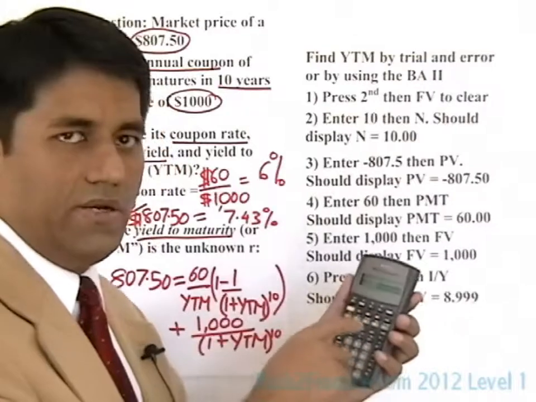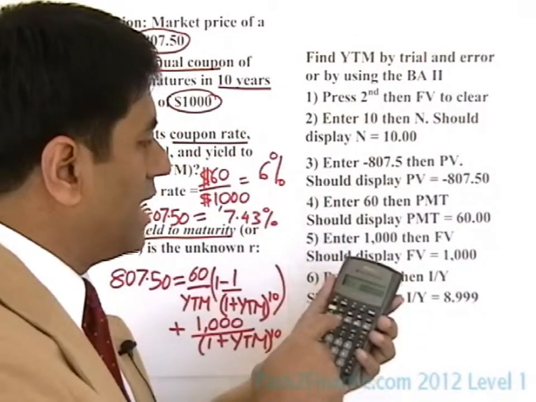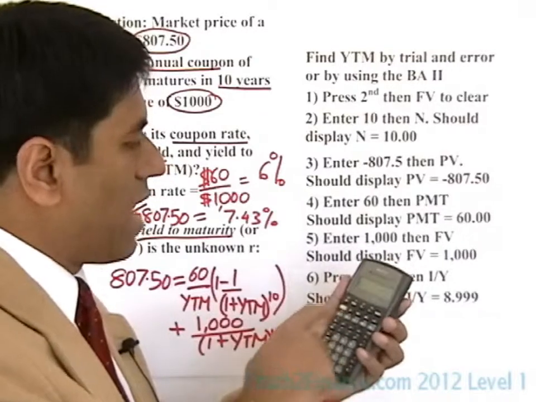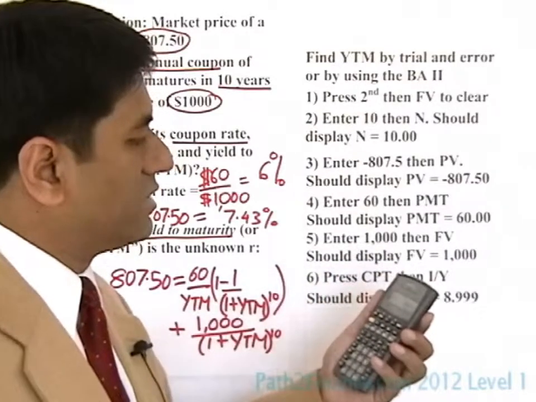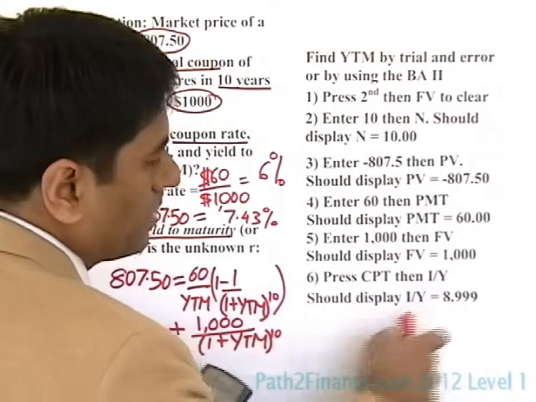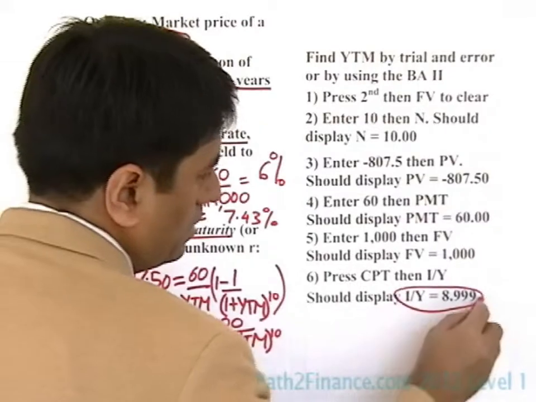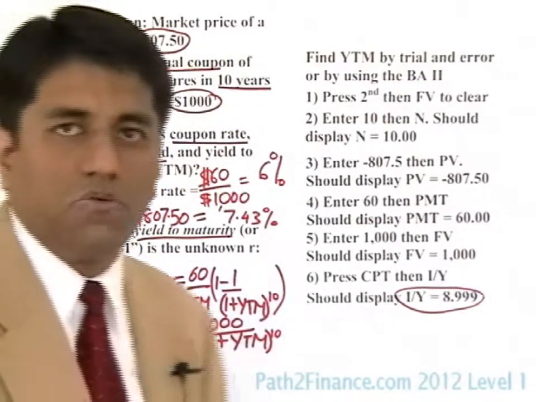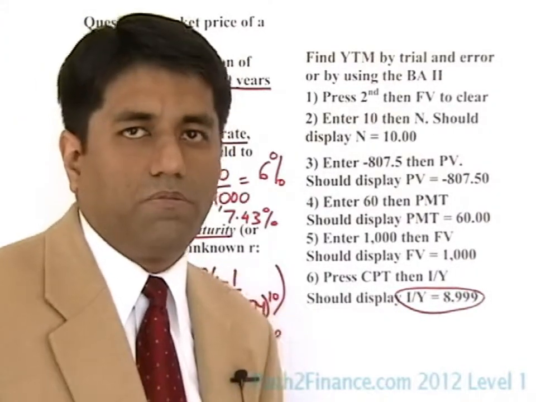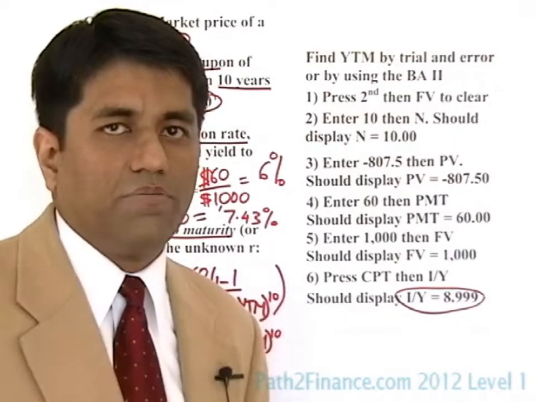Now you want the calculator to compute it, so press the CPT button and then press I by Y, and the answer it gives is 8.999. Which is the same as the answer you'd get from trial and error, that the discount rate is about 9%.